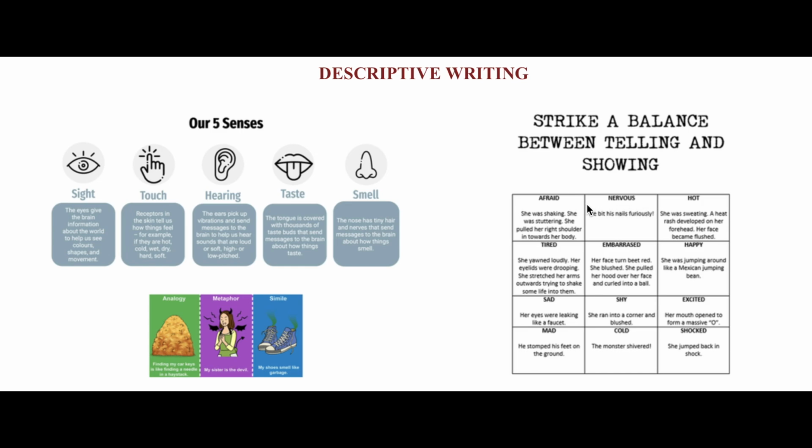By showing it, it allows them to visualize how they're demonstrating that particular character trait. For example, instead of stating that Sally was nervous, we can state that Sally bit her nails furiously and shifted her weight back and forth across her chair, waiting for her turn.